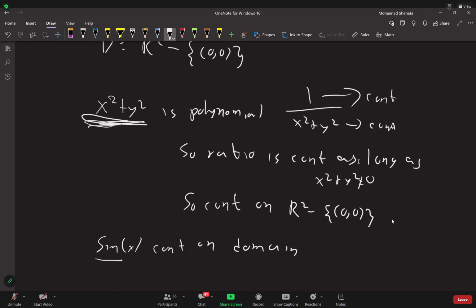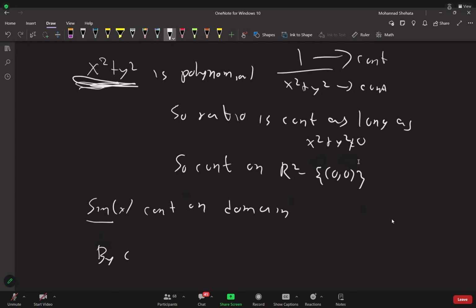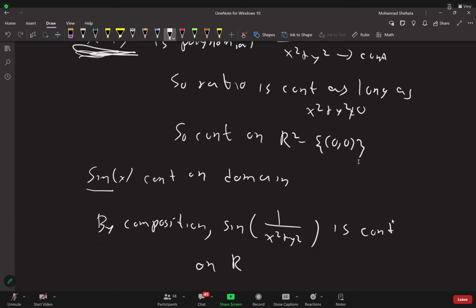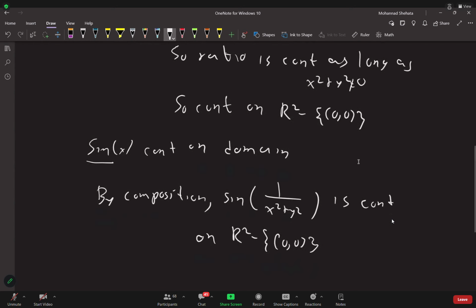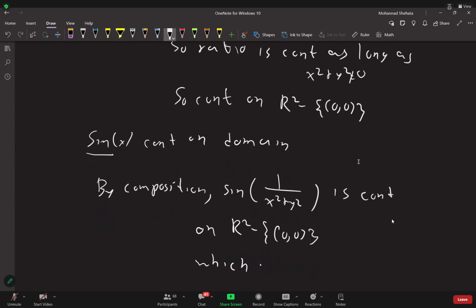You can see this by considering the limit laws for composition. So by composition, sine of 1 over x squared plus y squared is continuous on R squared minus (0, 0), which is its domain.